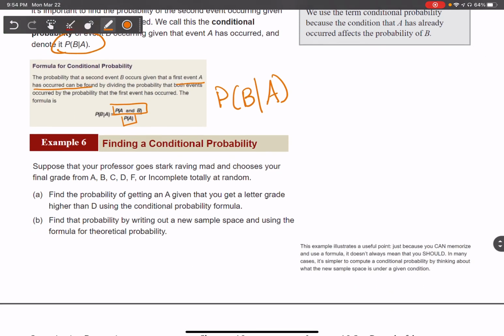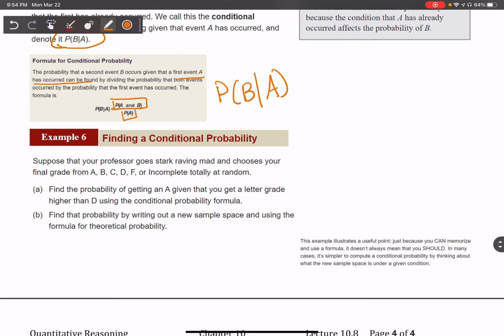So let's do a practice problem for this one. Suppose that your professor goes stark raving mad and chooses your final grade from A, B, C, D, F, or I. This will be our sample space: A, B, C, D, F, or I. So find the probability of getting an A given that, so let's write this out.